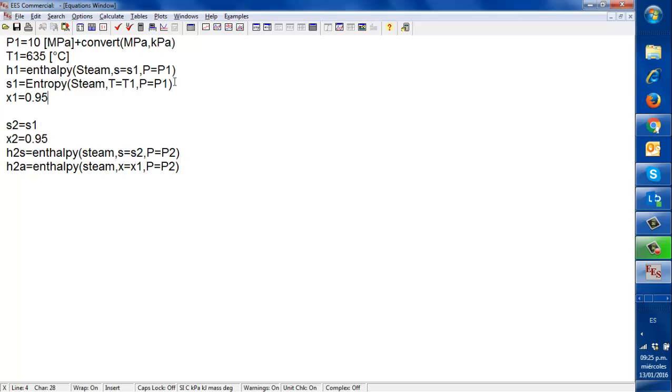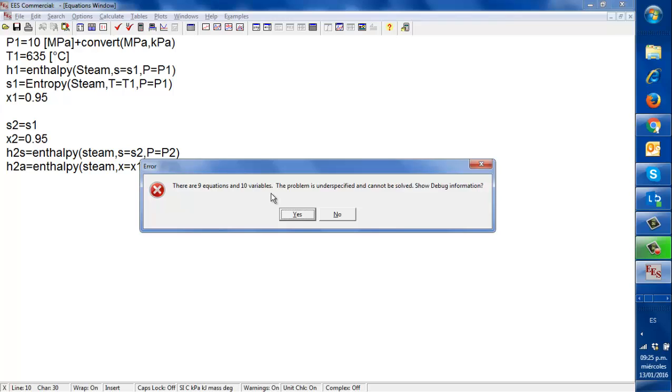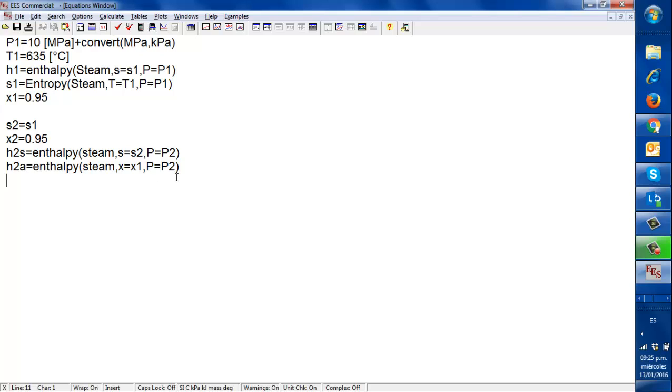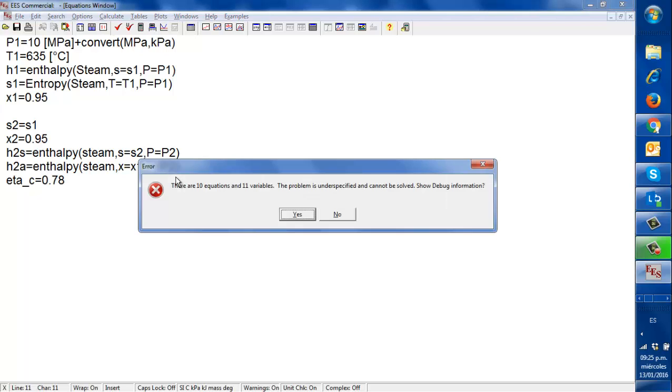Right? If I try to solve it, it will say that I am missing information. What I am missing is the isentropic efficiency of the compressor, right? But I have not related the isentropic with the enthalpies.